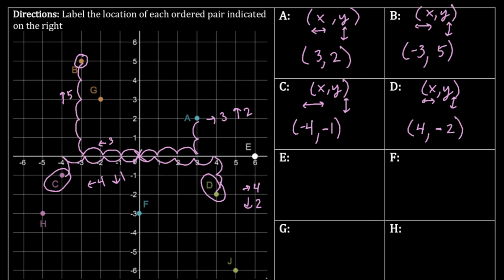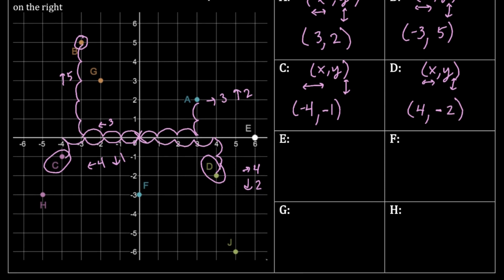We have E, F, G, and H left. So E is right here. Oh, I know why I put E in here. So X and then Y, left and right, up and down. So for E, we start from the origin. 1, 2, 3, 4, 5, 6.